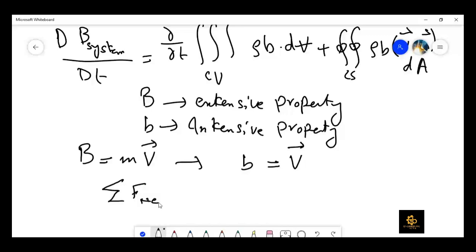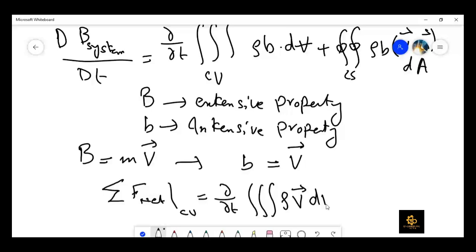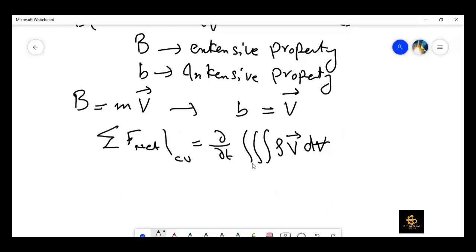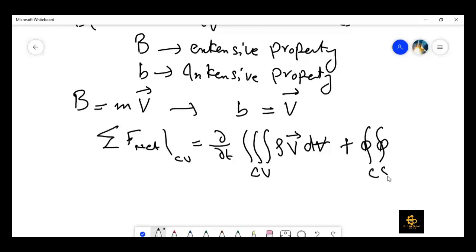If the control volume is coincident with the system, we can write F net on the control volume, and that would be equal to partial by partial t of the integral of rho V dV, which is the fraction of volume, and then we have the second term, the momentum influx and outflux. We call it basically the flux term, rho V (V dot n) dA, and n is the normal outward from the surface.